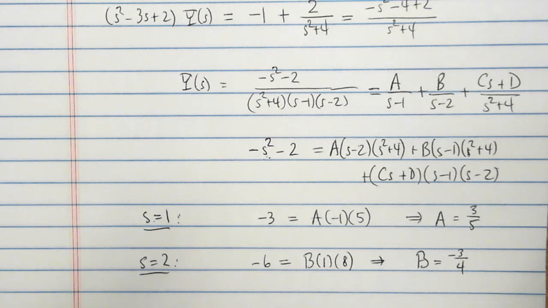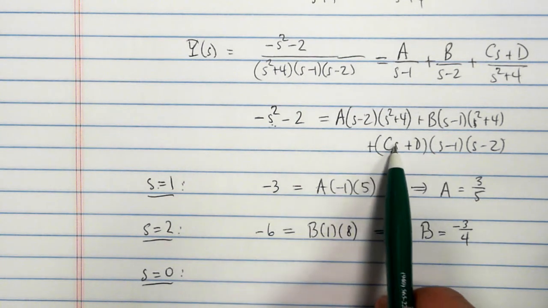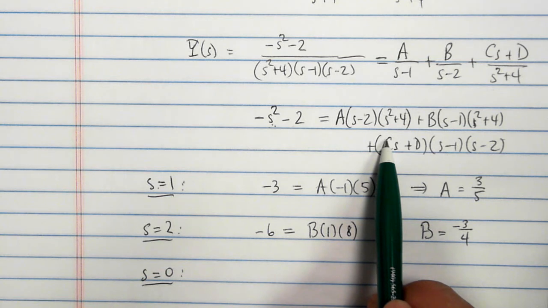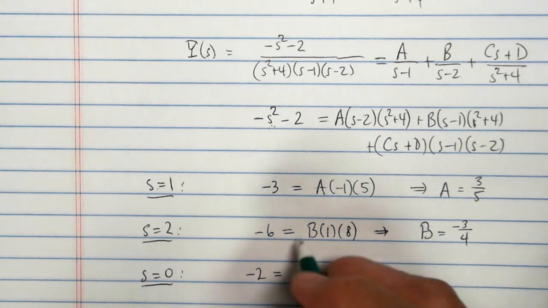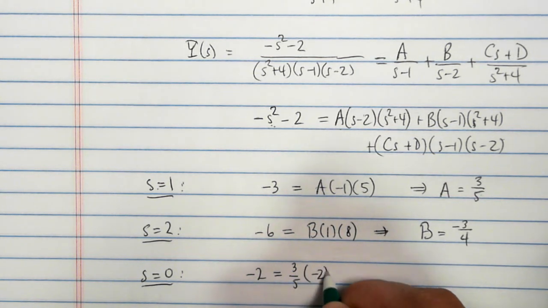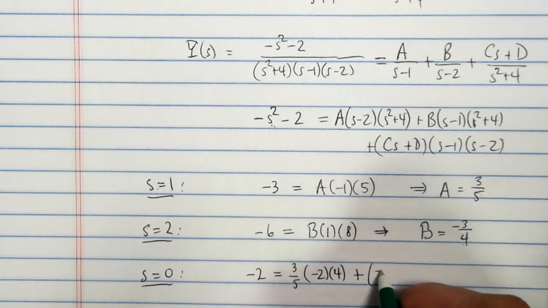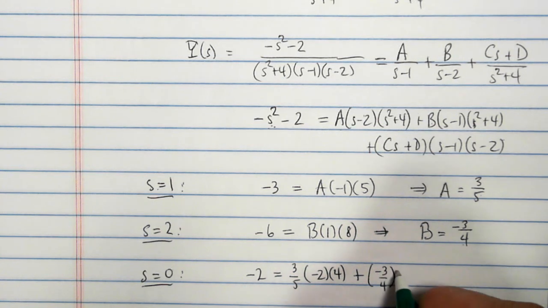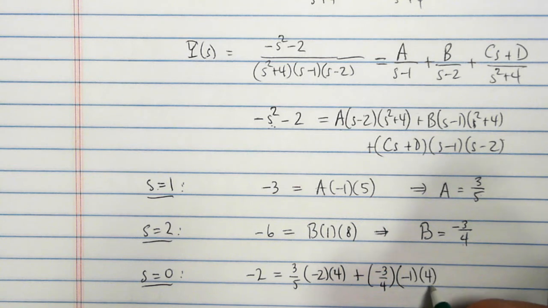Okay, next let's plug in something else. So let's plug in s equals 0 next. The reason I'll plug in s equals 0 is because that'll make the Cs term go away. So if s equals 0, I get negative 2 is equal to A, which we just found to be 3/5, times negative 2 times 4, plus B, which we just found to be negative 3/4, times negative 1 times 4, plus Cs.